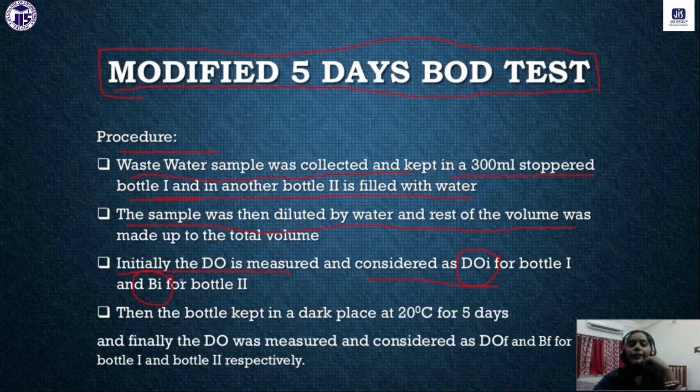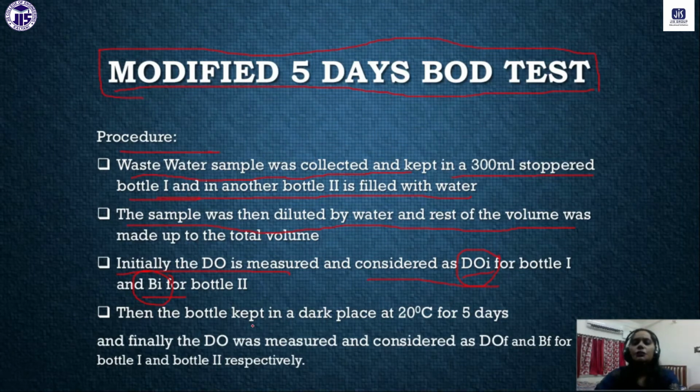Understand? So initially for both bottles we have measured the dissolved oxygen, DOI and BI. Next we keep the bottles in a dark place for 5 days at 20 degrees centigrade.